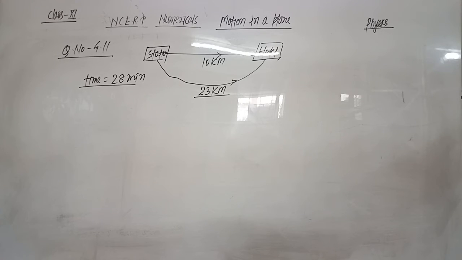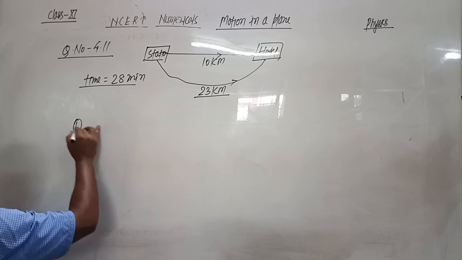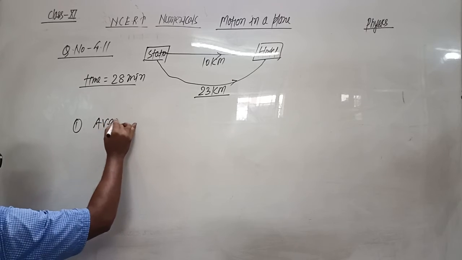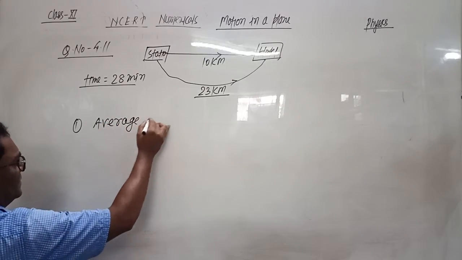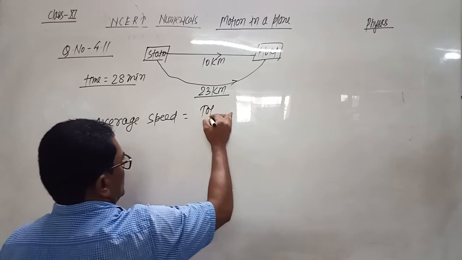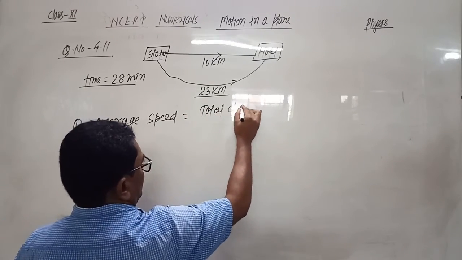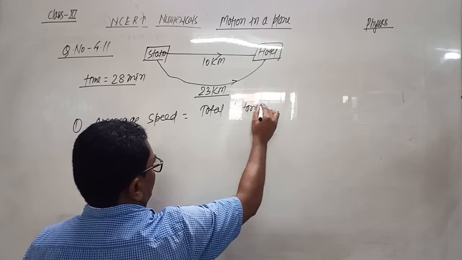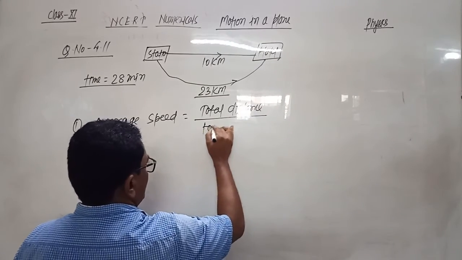Firstly we calculate the average speed. Average speed equals total distance traveled upon total time taken.